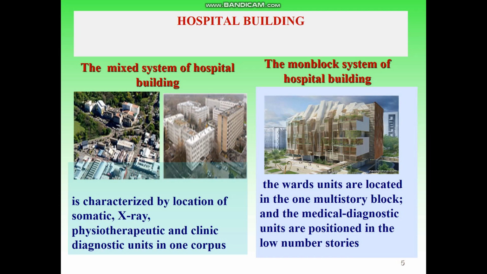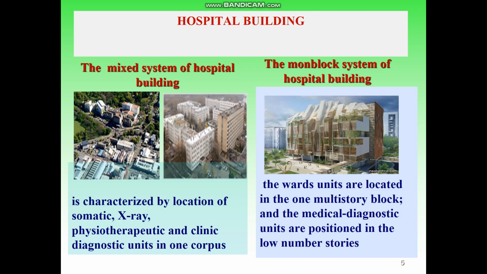This system is the most prevalent today because it eliminates the disadvantages of the systems mentioned above. When large multi-field hospitals started to be built, the mixed system was modernized and named the block system. Recently, the most popular building system is the monoblock system.